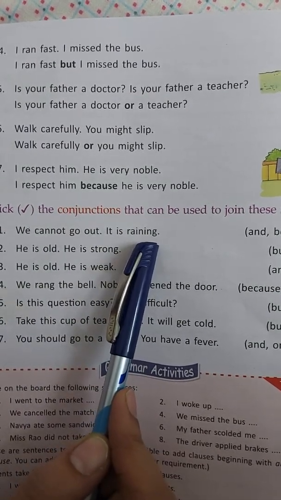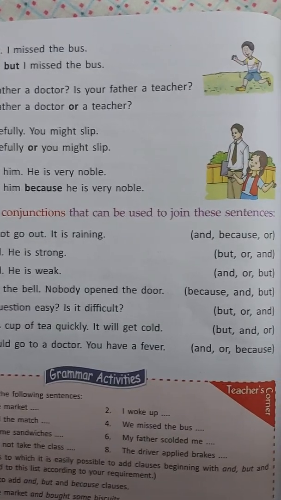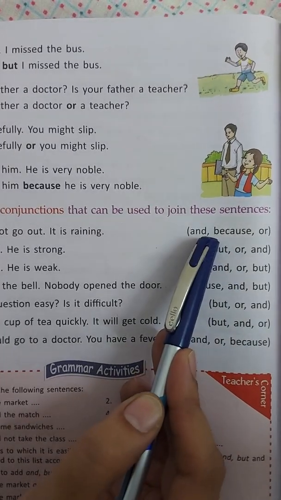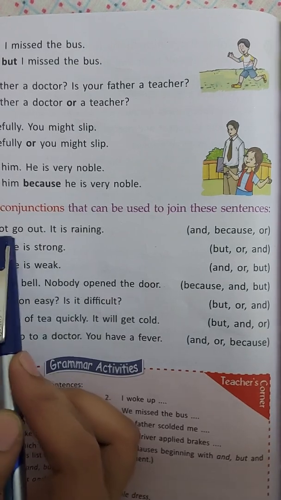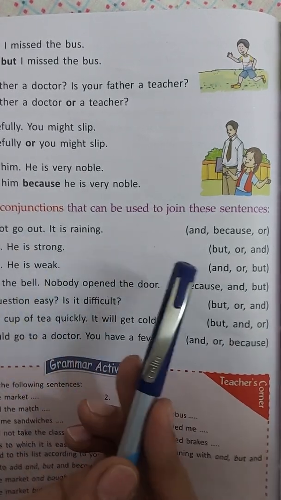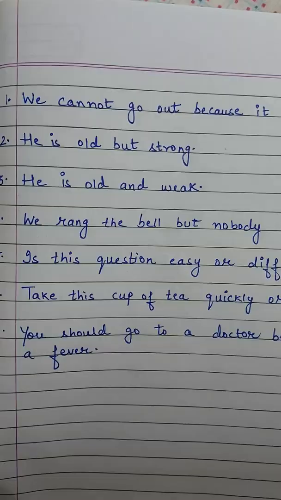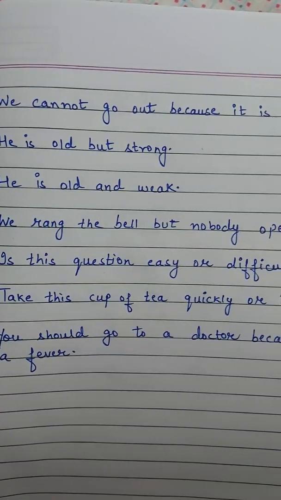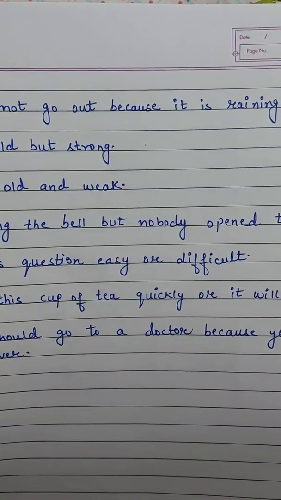Which conjunction will we use here, children? The options are and, but, or. We will use the conjunction because, as we are giving a reason. The sentence will look like this: we cannot go out because it is raining.